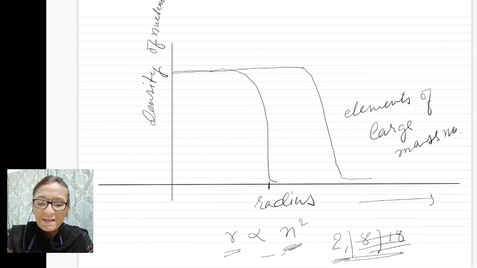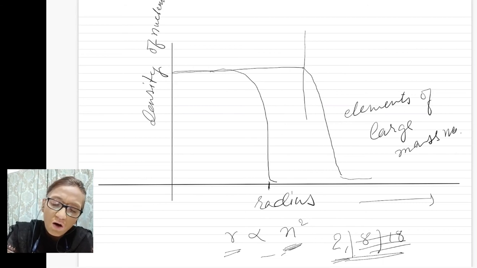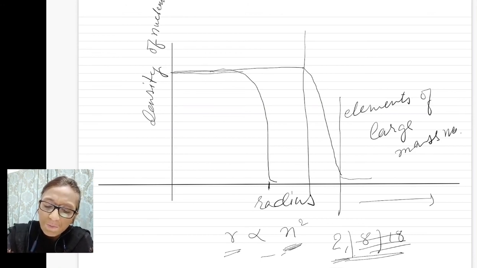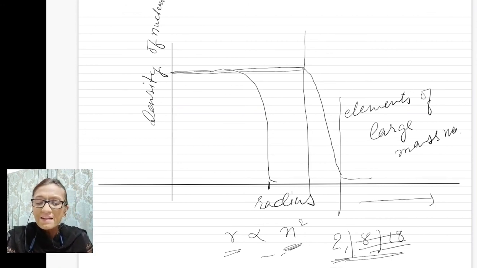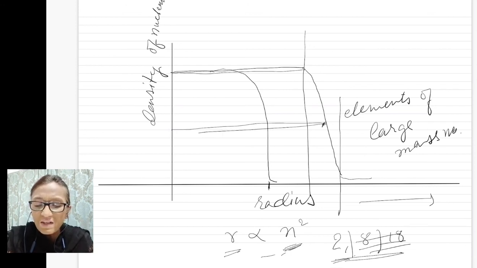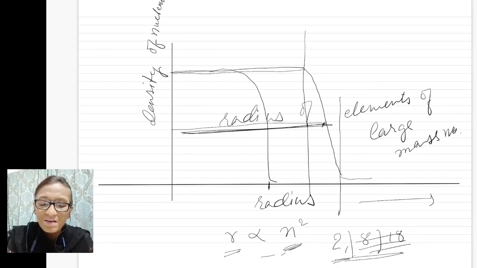Now what is the radius of a nucleus? Here when you draw a line in between these two extremes, up to this distance you have uniform density, and then you have a gradual fall of density after a certain radius. Now find the mean value at this point, and this is called the radius of a nucleus.